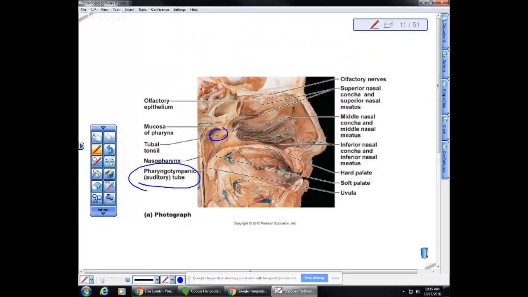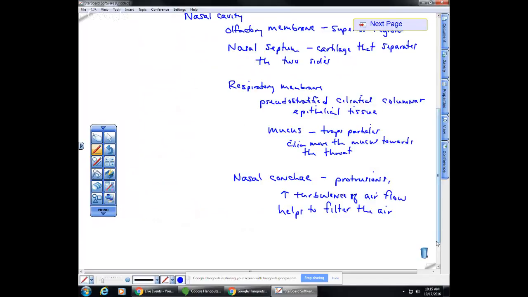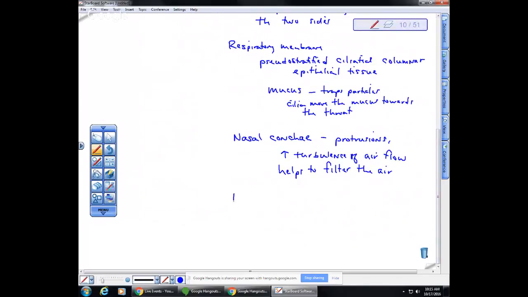Okay, so besides causing the inside of the nasal cavity to be humid, the air is actually also warmed, as well as filtered.